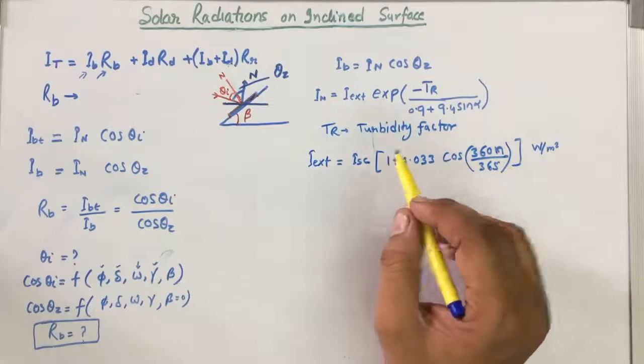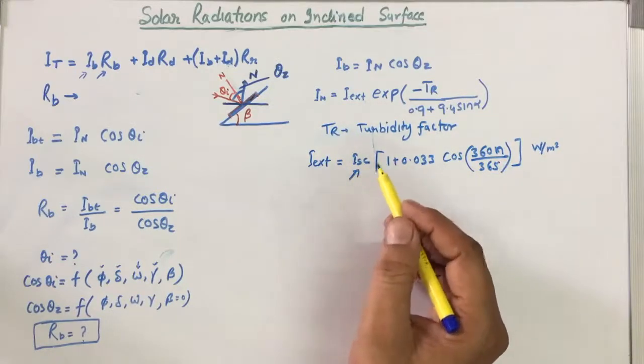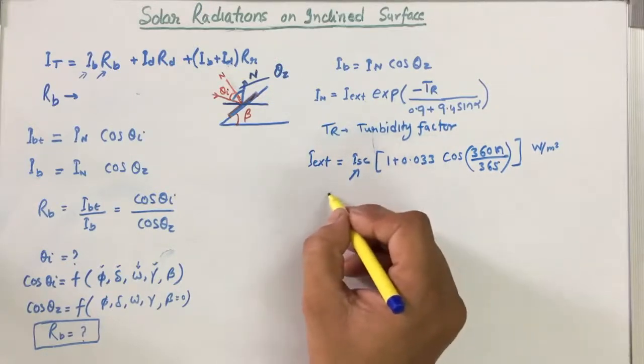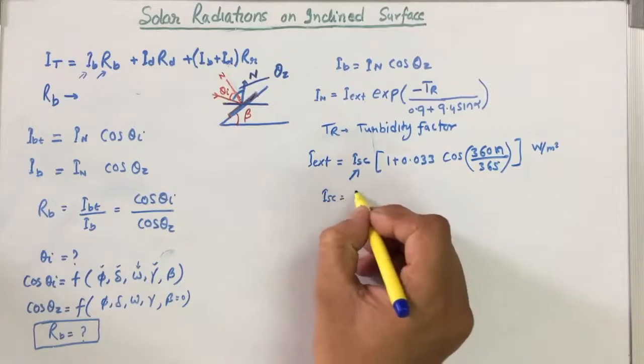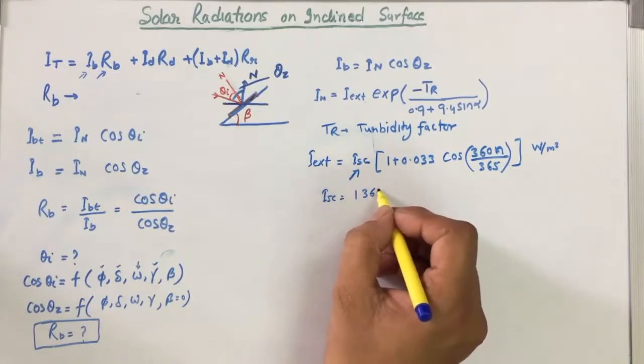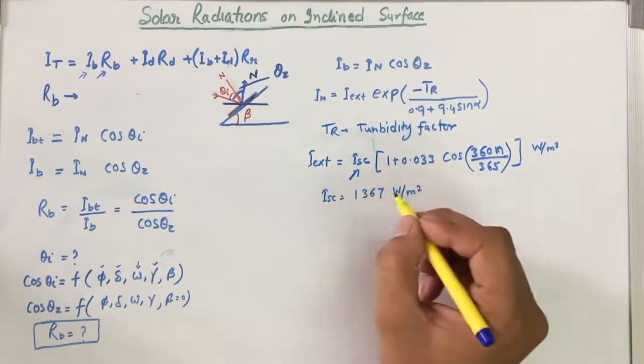So this solar constant is fixed, that is already known to you. If I am right, then it is 1367 watt per meter square. Please have a cross check for this.